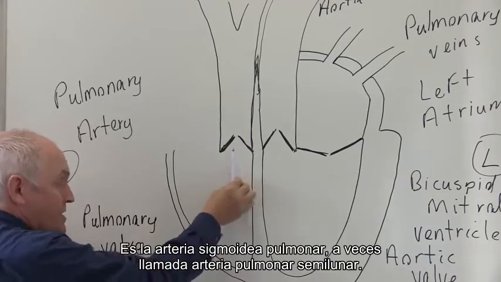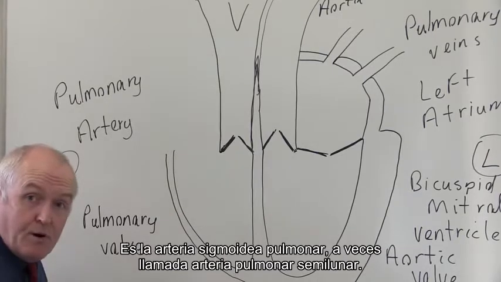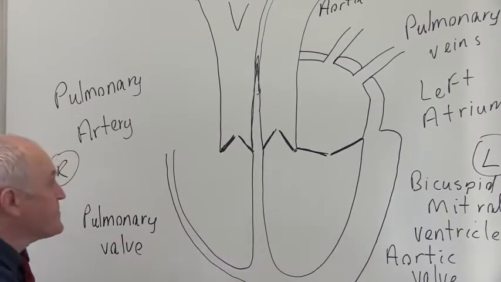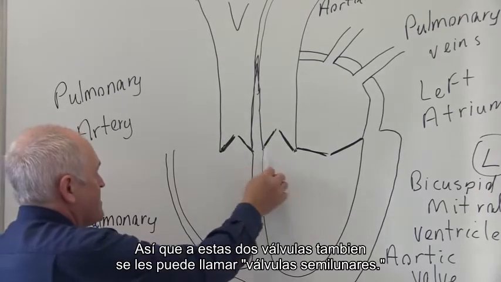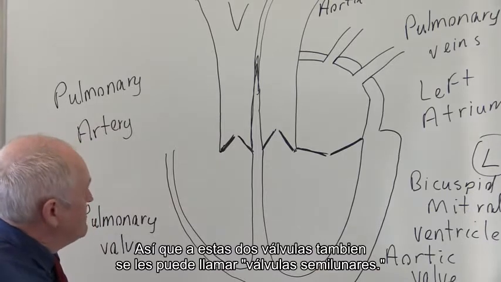That is the pulmonary arterial valve, also sometimes called the pulmonary arterial semilunar valve. So both of these valves are sometimes described as semilunar valves.